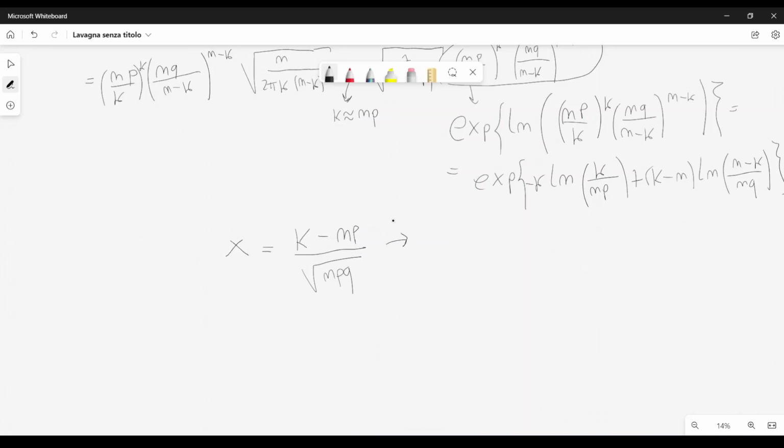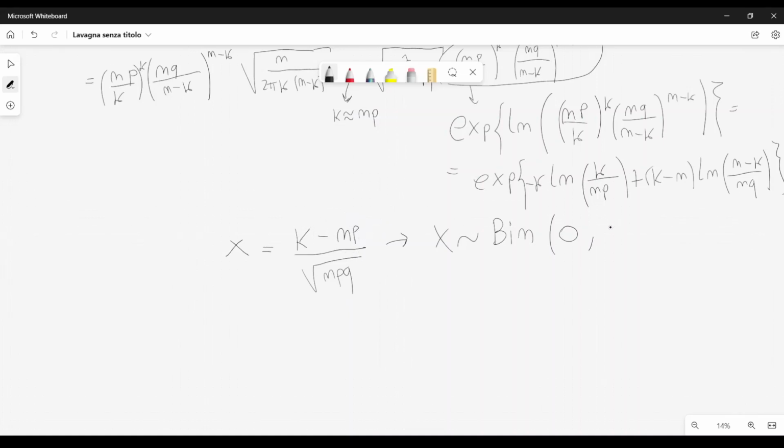This means that x will be distributed according to the binomial distribution, but the average of the variable x is 0 because I have subtracted np from k. So when I take the average of x, I will get 0 because I have k minus np. The average of k minus np will be 0 because the average of k is np, and np is just a scalar, so I have np minus np.